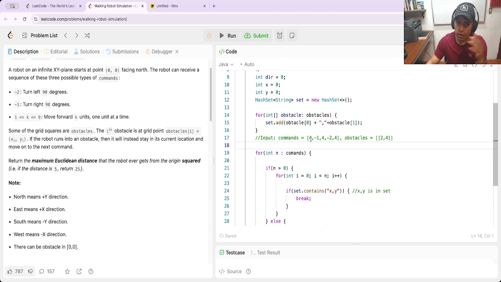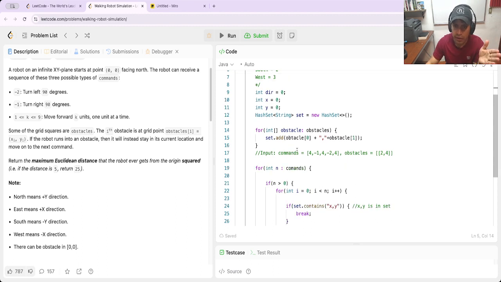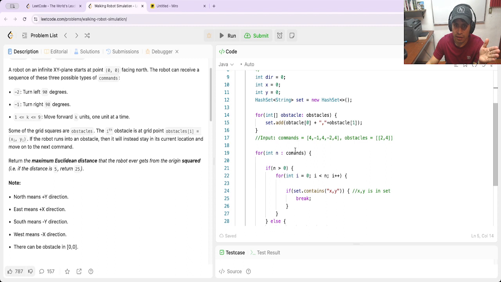Okay, we start looking to the north, that we have this map. Okay, we create the hash set. Okay, now we start with the first command. Okay, is it a change of direction? No, because it's 4. Okay, we are starting in this direction, but here, how do we know that the number that should be increased is the x and not the y?